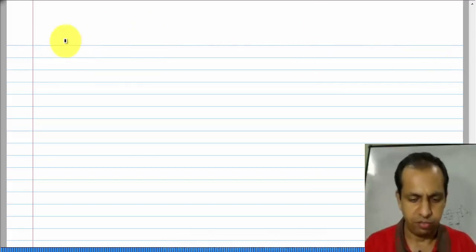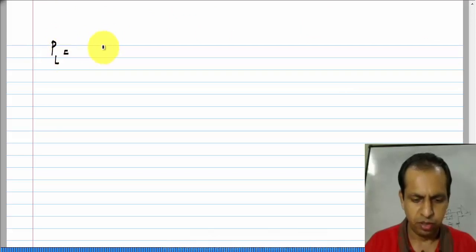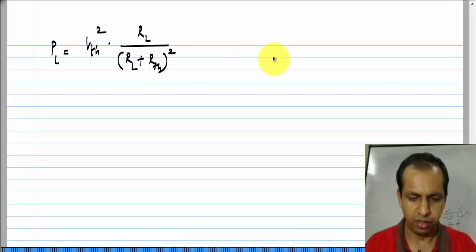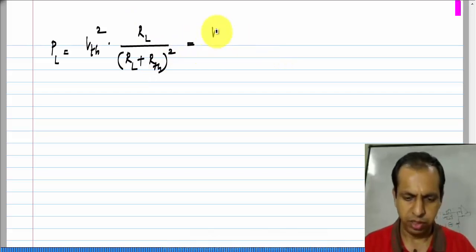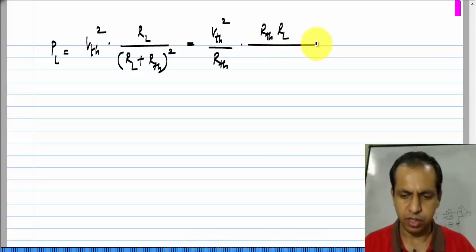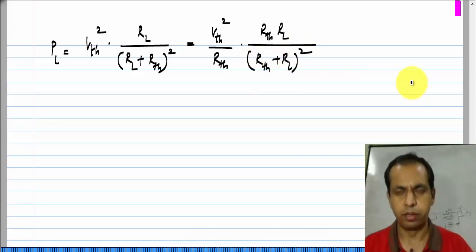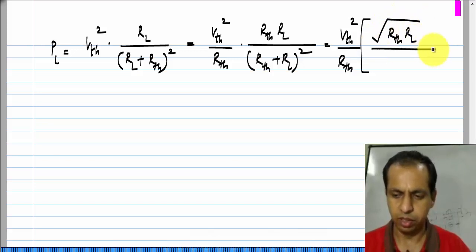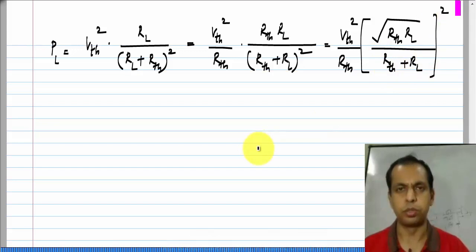This can also be derived in a slightly different way. The expression for the power was VTH square by RL plus RTH square times RL, which can be rewritten as VTH square by RTH, RTH RL by RTH plus RL squared, and I will further rewrite this as VTH square by RTH times square root of RTH RL by RTH plus RL, this whole thing square.